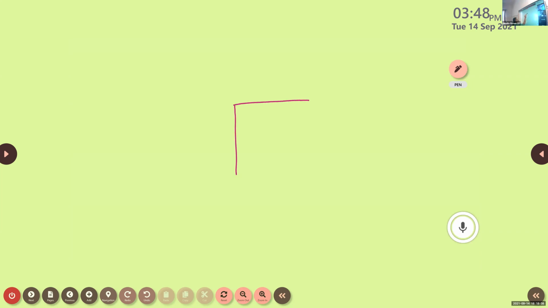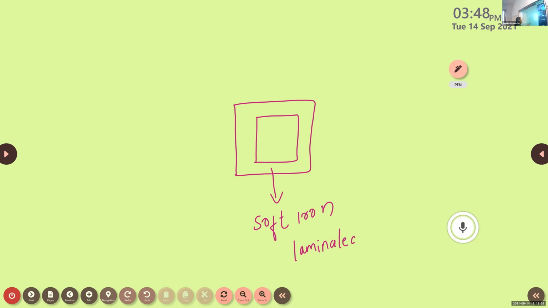It consists of a soft iron laminated core and two coils.